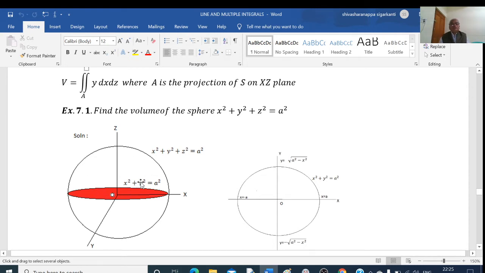If I take the projection on the xy plane, it is nothing but a circle. So on the xy plane z equal to 0, we get x square plus y square is equal to a square. So this is the circle on the xy plane.